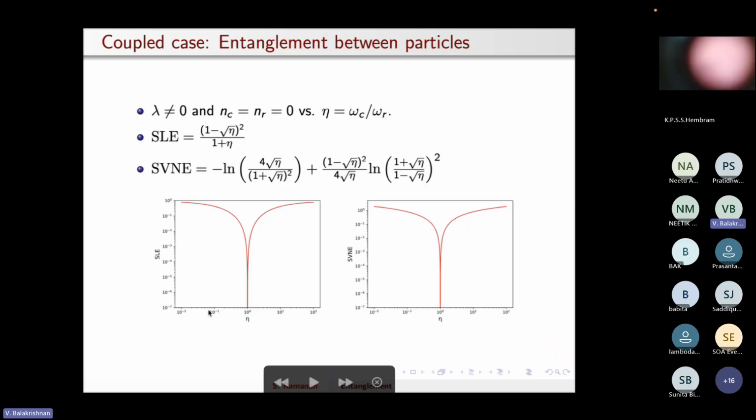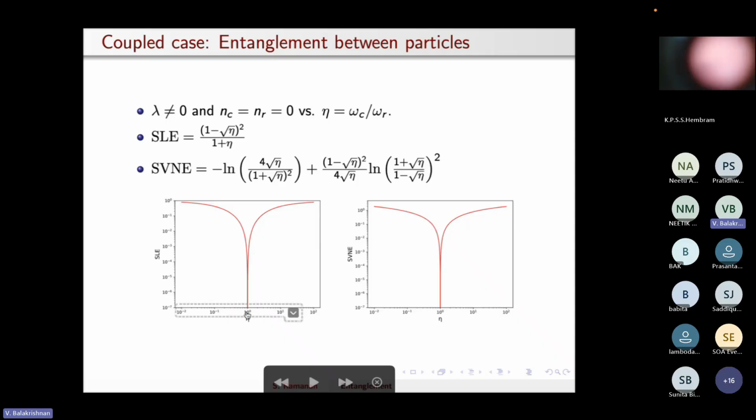And here is a plot of SLE and SVNE as a function of eta, which is the ratio of omega C over omega R. Before we go to the plots, you see from these expressions that there is a symmetry under the transformation eta going to 1 over eta. And this is, of course, reflected in both these plots.